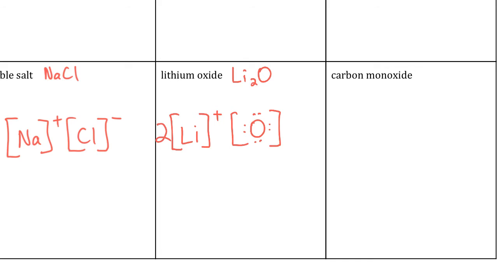So that adds up to 8. So now we have oxygen with a 2 minus charge because it got 2 electrons from each lithium. And so there's your Lewis diagram for lithium oxide.